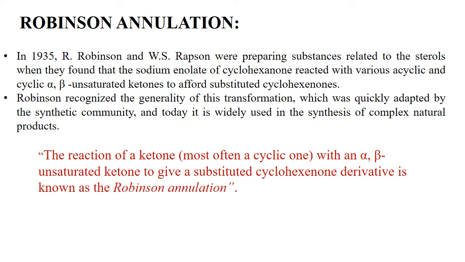Remember, Michael addition is the addition of the enolate of a ketone to an alpha beta unsaturated carbonyl compound. If this reaction is acid or base catalyzed, it affords a cyclohexenone derivative, and this reaction is called Robinson annulation reaction.